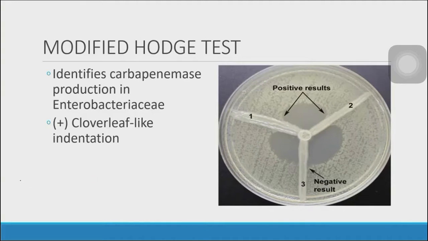In this illustration, as compared with the negative result, there are spaces forming a clover leaf-like appearance. The negative is continuous, with no indentation. The positive result looks like a clover leaf.